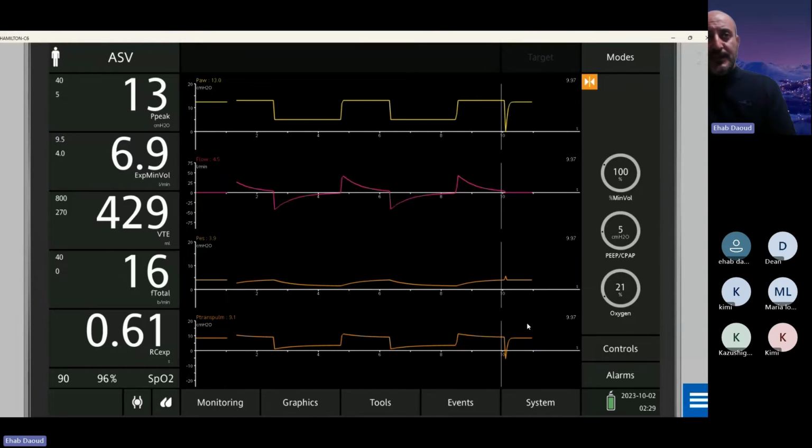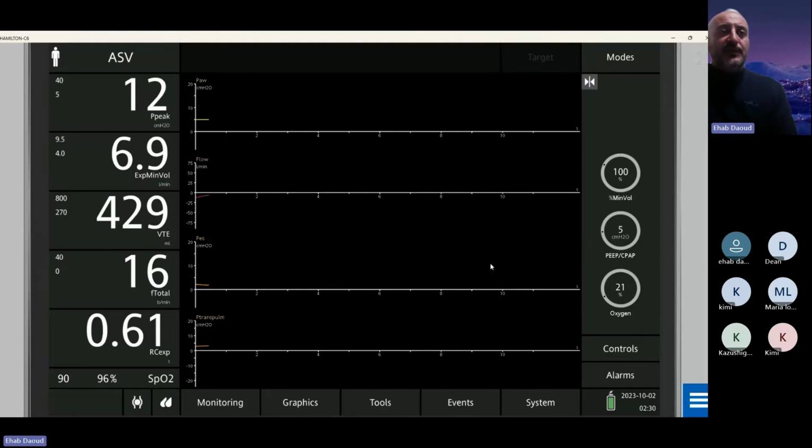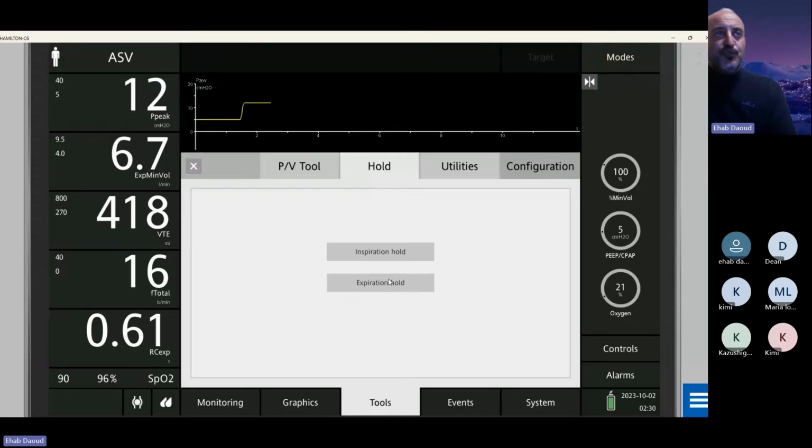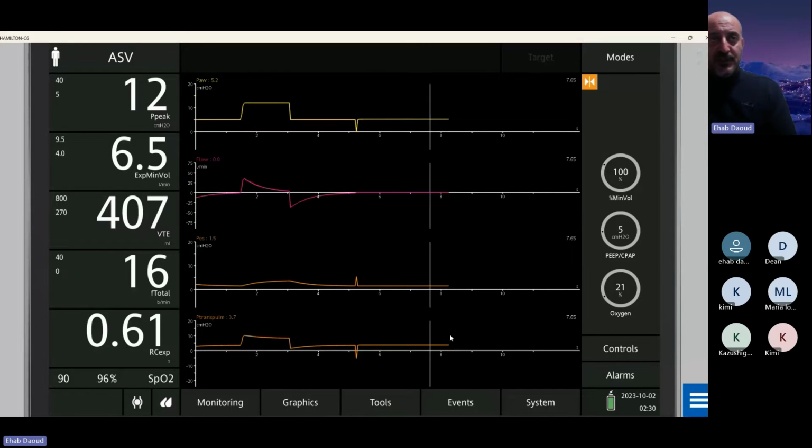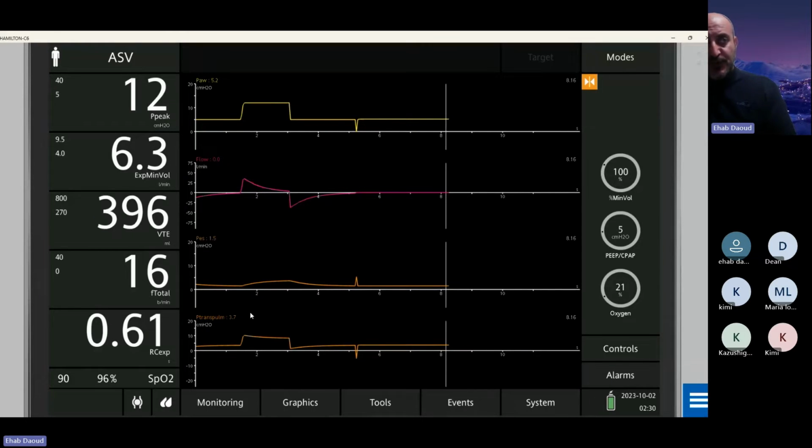My end inspiratory transpulmonary pressure, that white line here, is 8.4. And we'll have to get the end expiratory transpulmonary pressure, again, to see what the transpulmonary driving pressure is. So the end expiratory transpulmonary pressure here is 3.7. So I think it was 8.7 minus 3.7, that's 5.